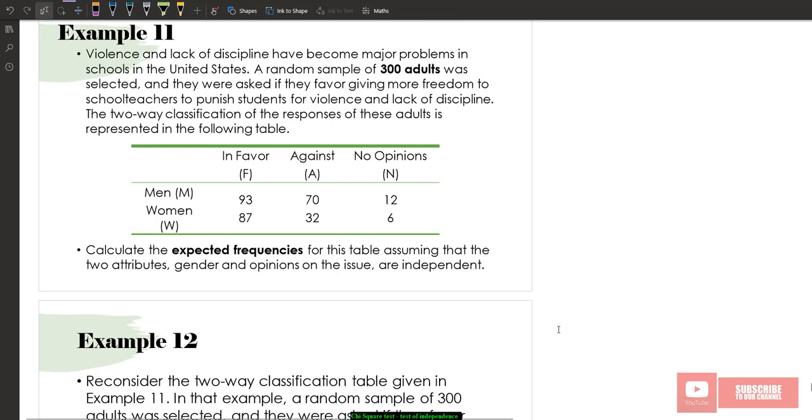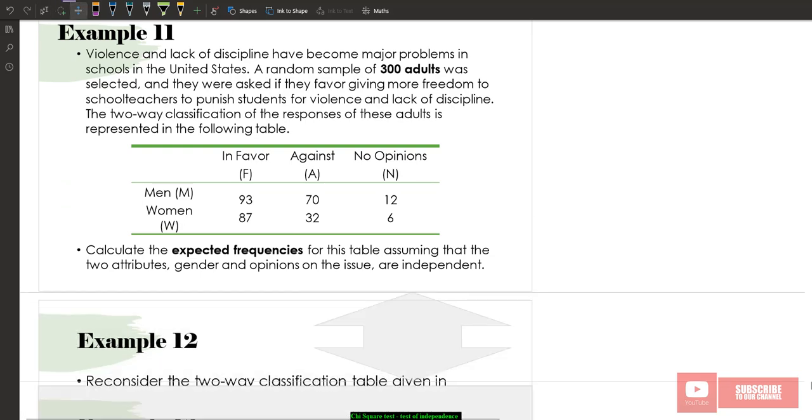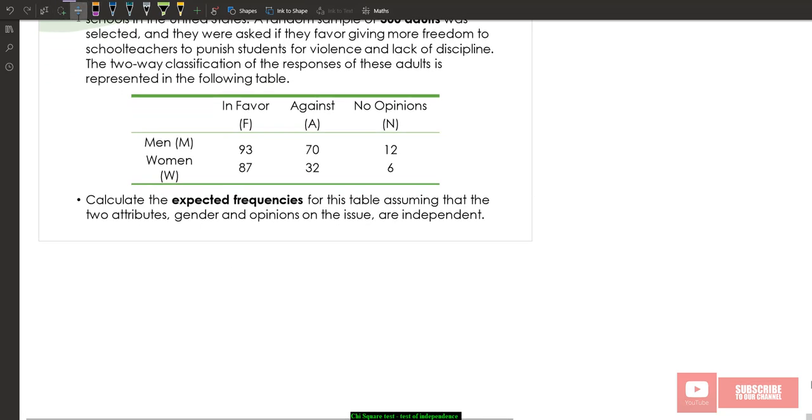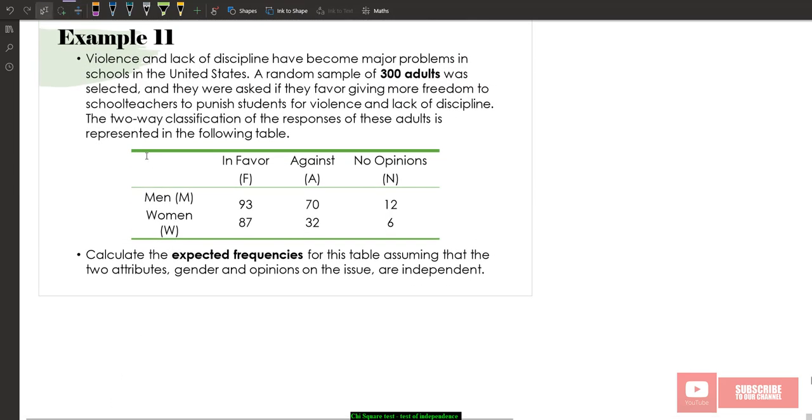So now let's look at example number 11, right? In example number 11, violence and lack of discipline has become a major problem in schools in the United States. A random sample of 300 adults was selected.